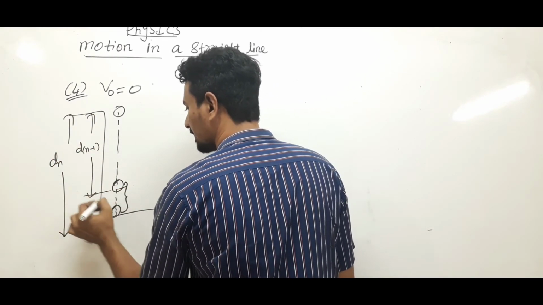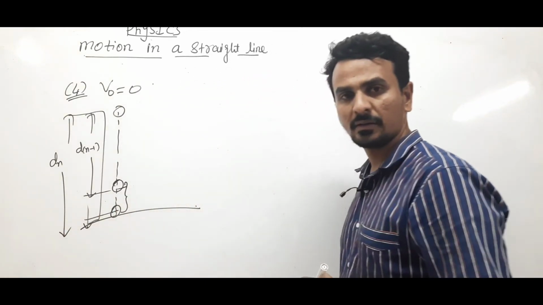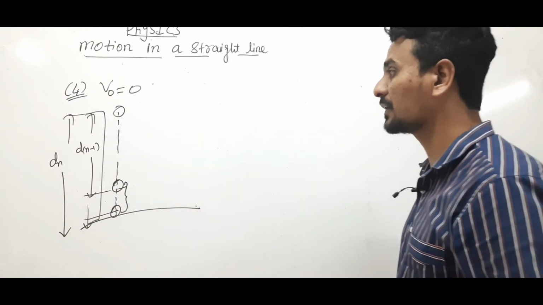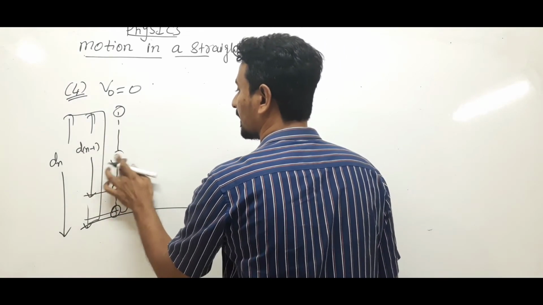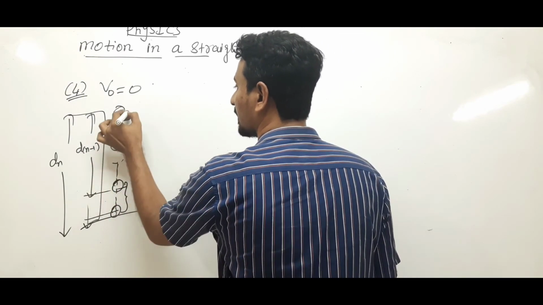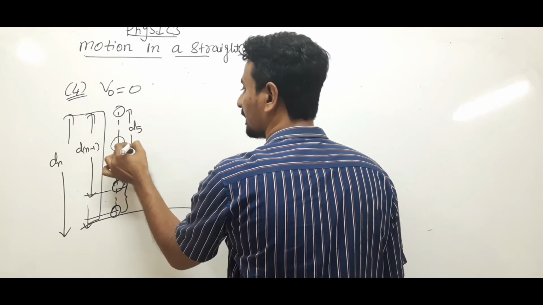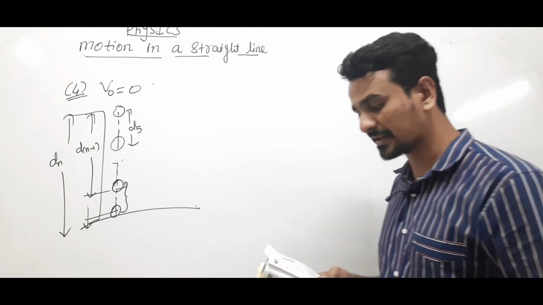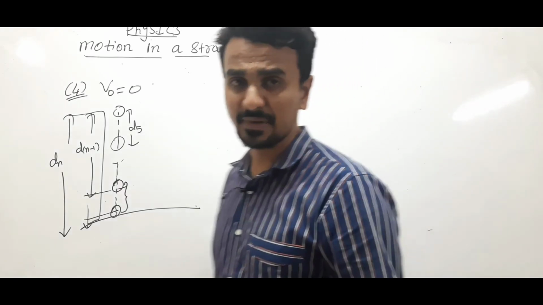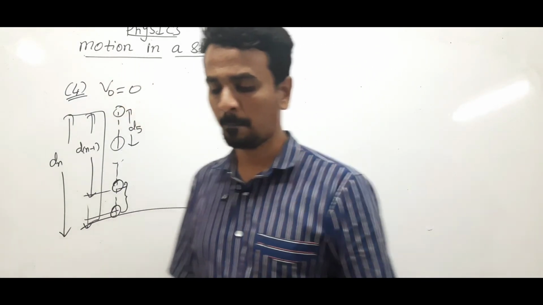So this is the distance covered in the last second. That is equal to the distance covered by it in 5 seconds. So these two distances are equal, this is what is given in the question. Find the time it remained in the air.